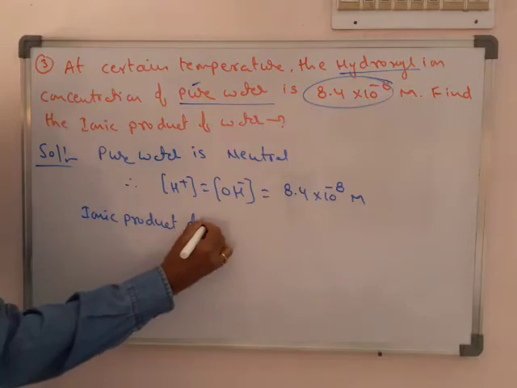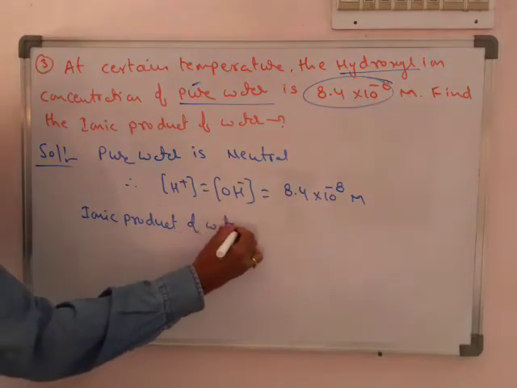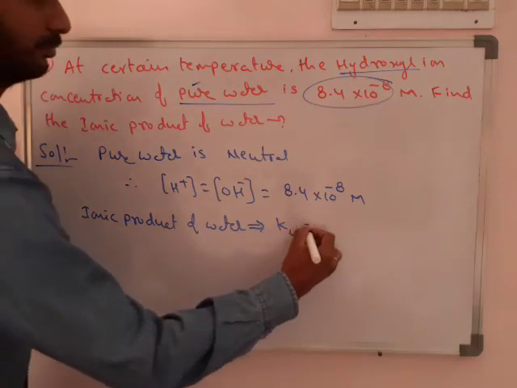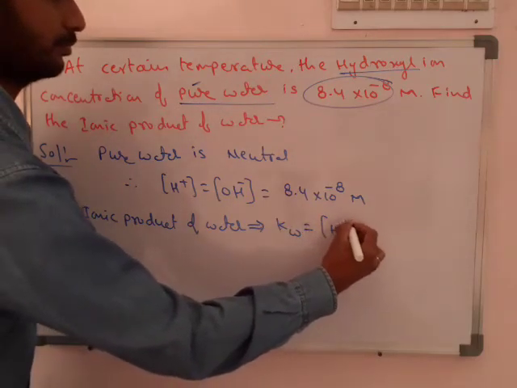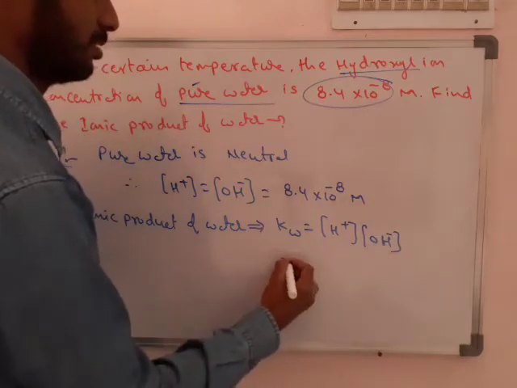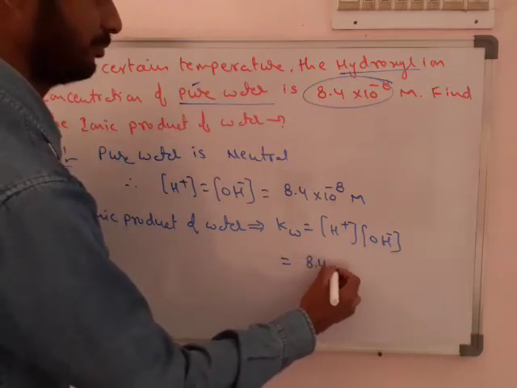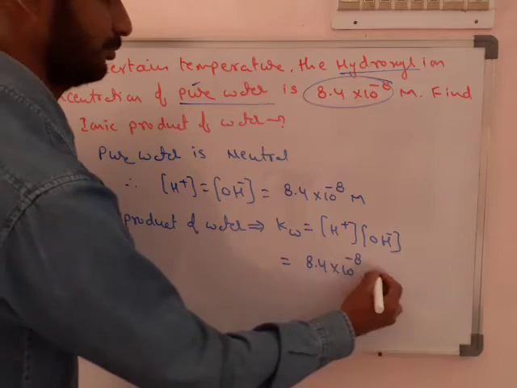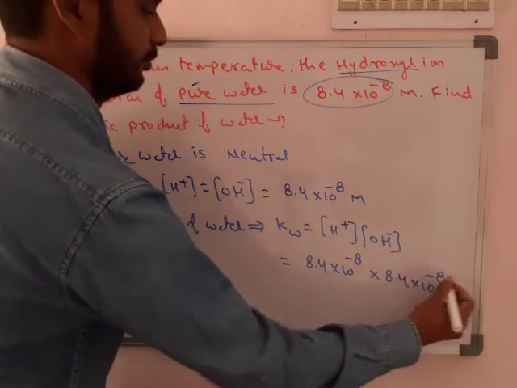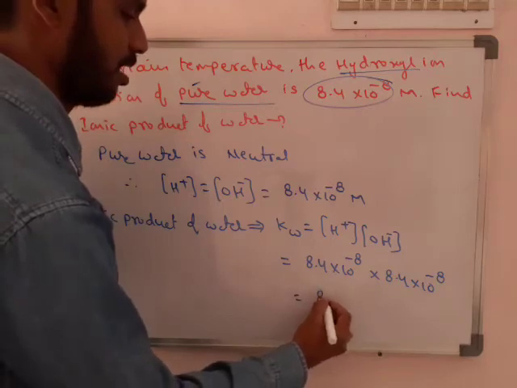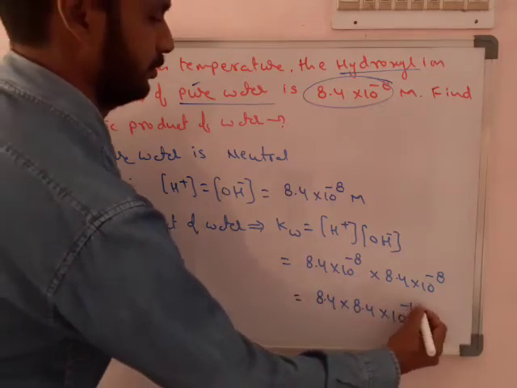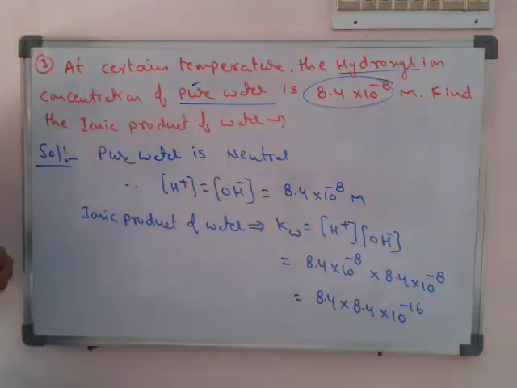Ionic product of water Kw equals H plus into OH minus. So both are same. Okay, so 10 power minus 16.